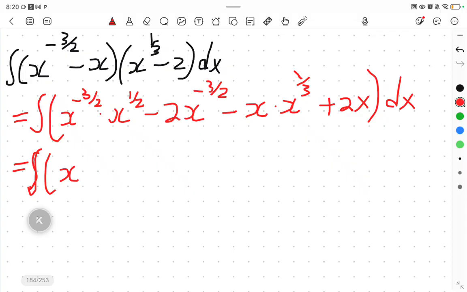What is minus 3 over 2 plus 1 over 2? That will be minus 2 over 2, which is minus 1, right? Would this give us minus 1? Then for this one, I keep the base and add the exponents. So this will just be 1 plus 1 over 3, which will be 4 over 3, right?